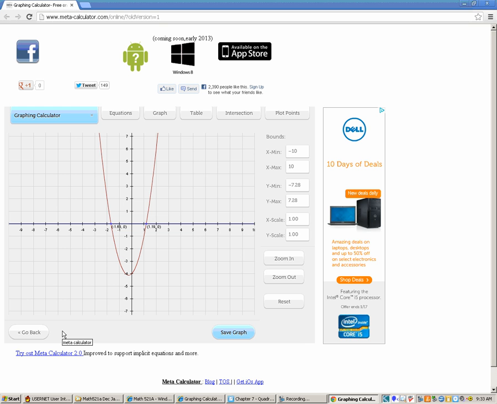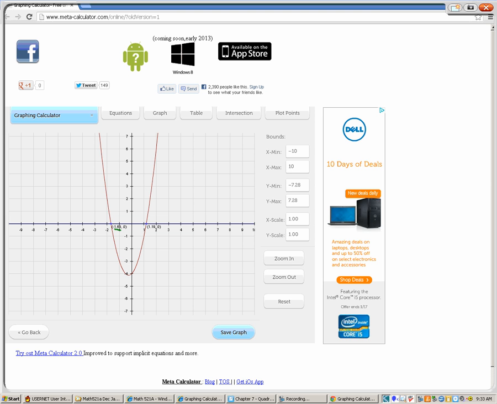But the x-coordinate right here is negative 1.69. So one of the roots is x equals negative 1.69, and the other one is x equals 1.19. Okay, so those are the two values of x that would give a y value of 0. They're also known as the x-intercepts.